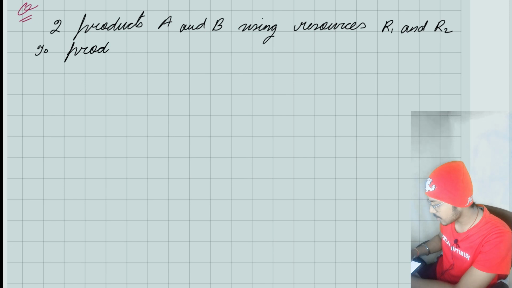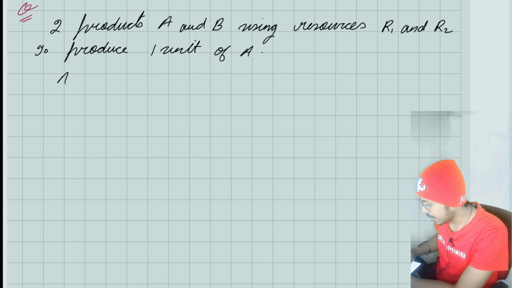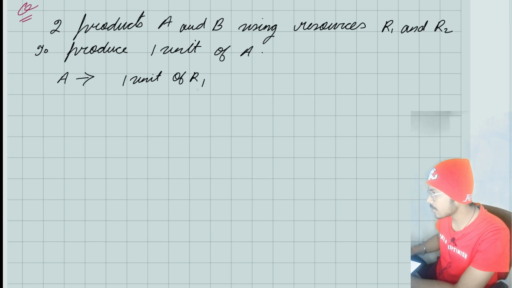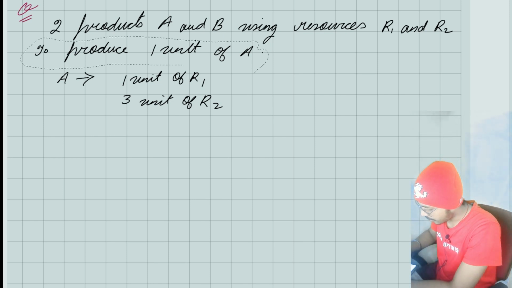To produce 1 unit of A, it requires 1 unit of R1 and 3 units of R2.